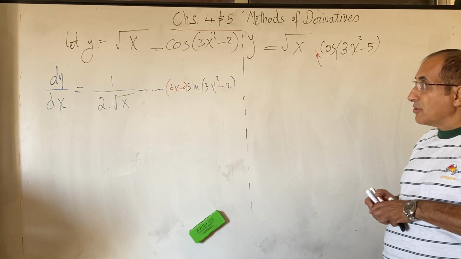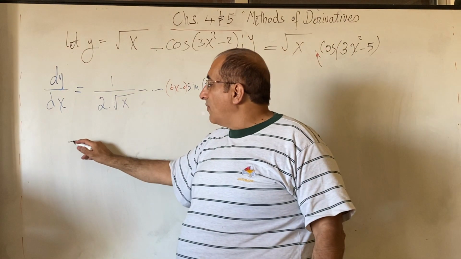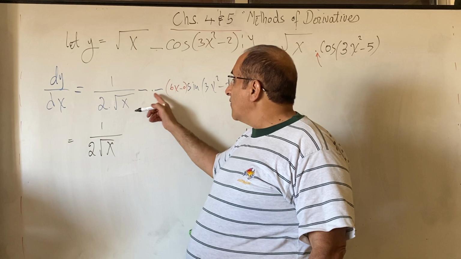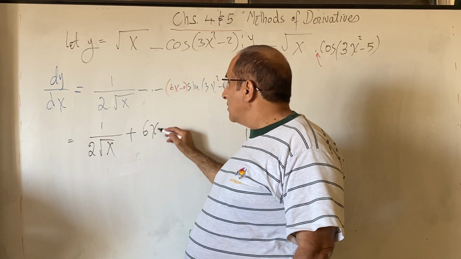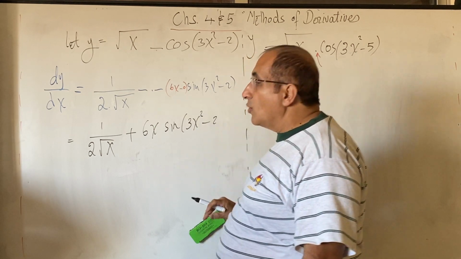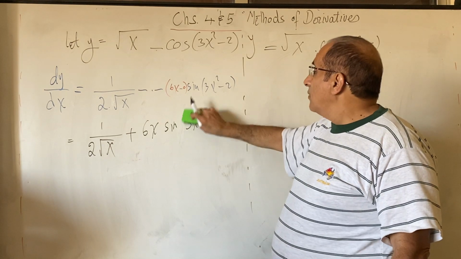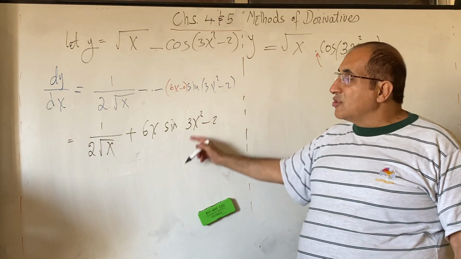These are the steps of doing each one. Can I put it in simple form? Yeah, sure. Let me simplify it: 1 over 2 square root of x, minus 3, plus 6x times sine of 3x minus 2. You cannot leave it without a bracket. If you leave it without a bracket, you are claiming that the angle is only 3x.